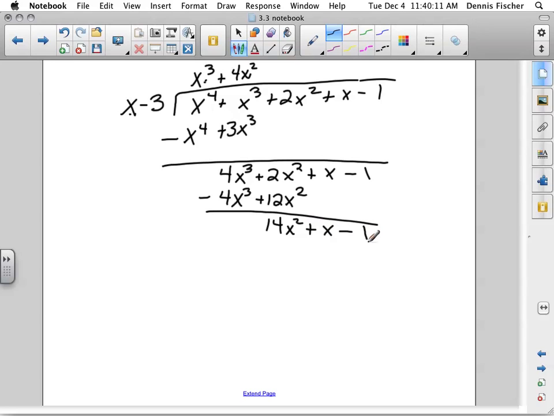Okay, what times x is 14x squared? 14x. So I got 14x squared, minus 14x times a negative 3 is 42x. Change the signs.